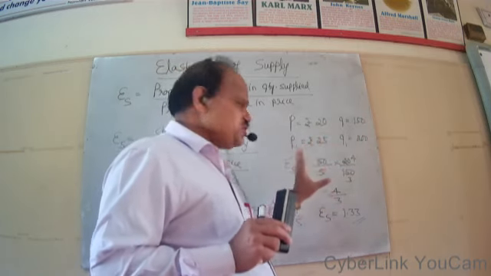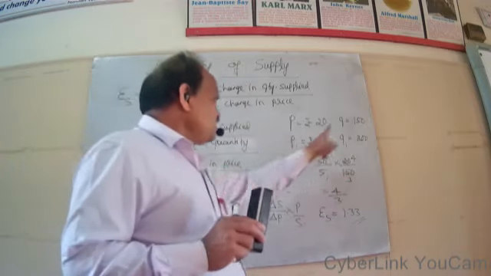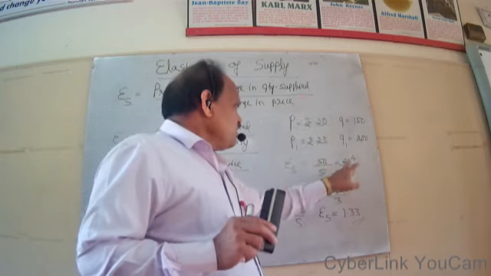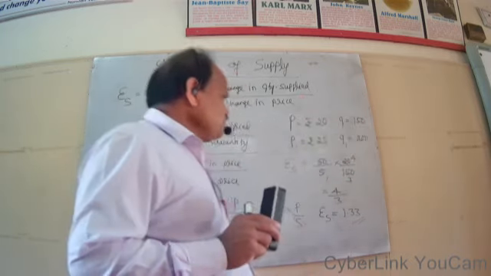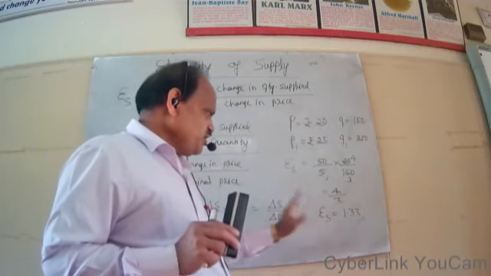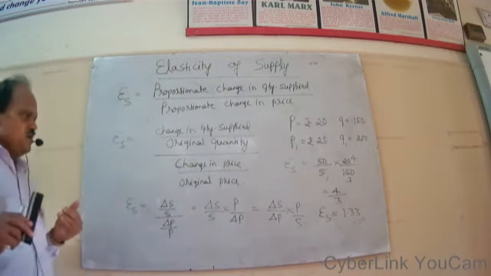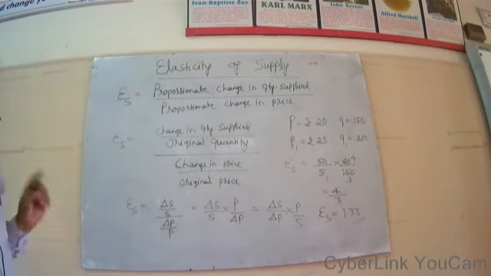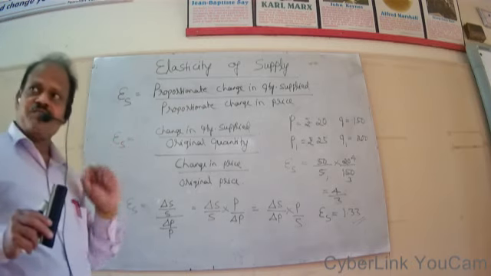So 5 is the change into P, original price, 20 divided by 150, original quantity supplied Q. So finally you have to simplify. ES is equal to 4 by 3 or 1.33. So price elasticity of supply is equal to 1.33 in this particular example.